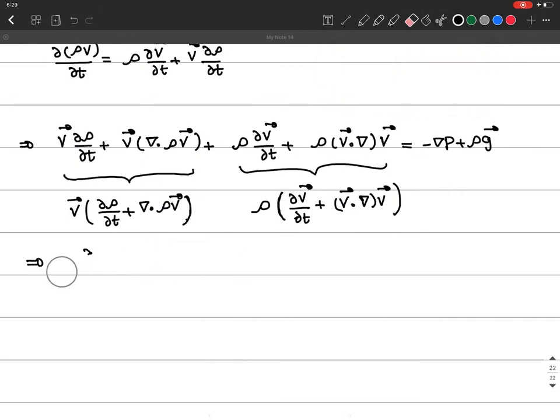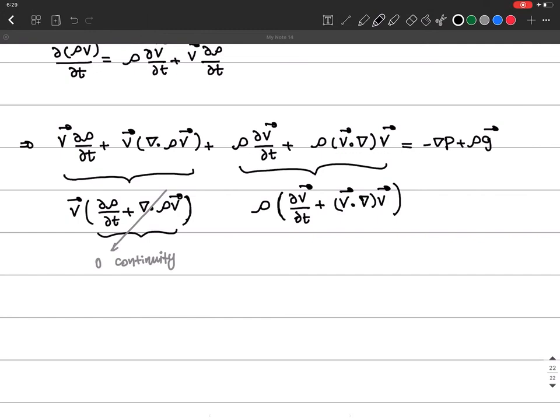So that means that this is zero because of continuity, because of mass conservation. So this term is zero because it's exactly the continuity equation. Okay.